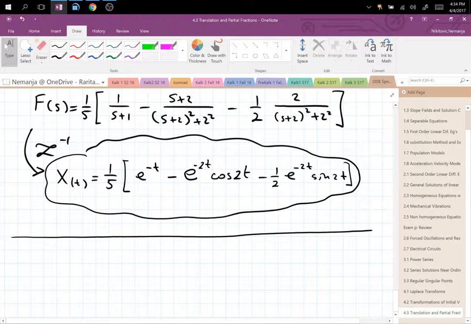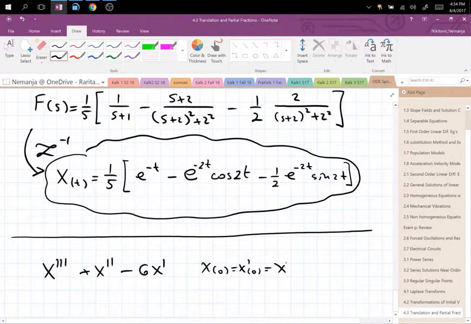All right, so problem number 31. Third derivative of x plus second derivative of x minus 6x, and then x of 0 is the same as x prime of 0 is the same as x double prime of 0, which is equal to, I just didn't pay attention.